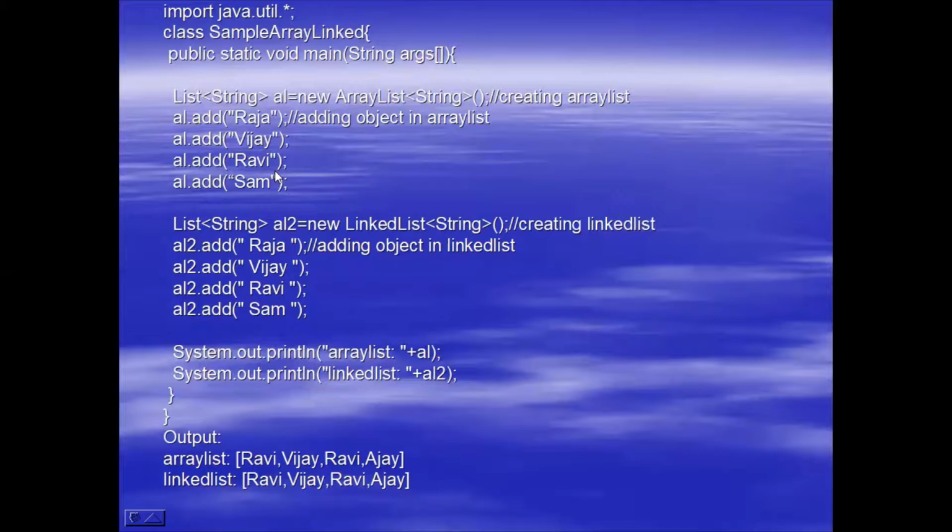That is slow in ArrayList, but in LinkedList it is very fast. ArrayList is better for sorting and accessing the data. See here, I am adding and then I need to retrieve the values. Sorting is one of the methods, and sorting an ArrayList is very fast.